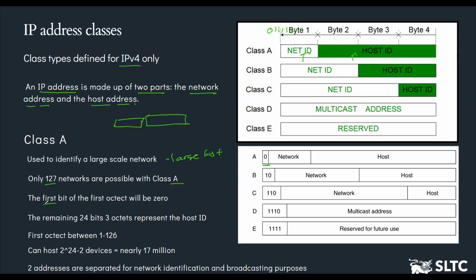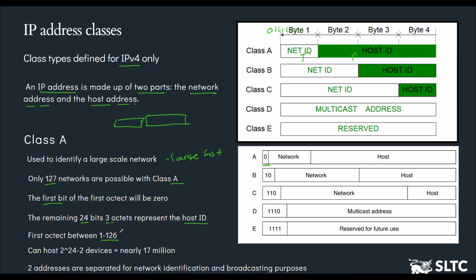The remaining 24 bits, or the 3 octets, define the host ID, right? That is allocated to defining the host addresses or host IDs of the devices. Then it is easy for us to identify class A addresses if the first number is between 1 and 126.